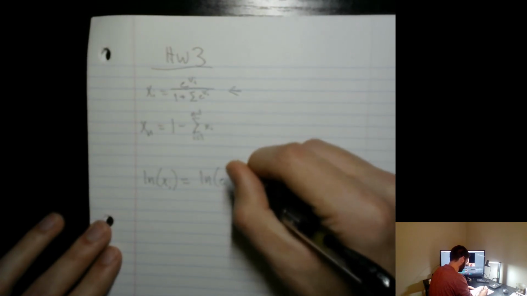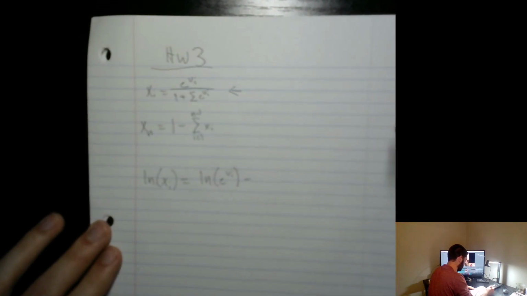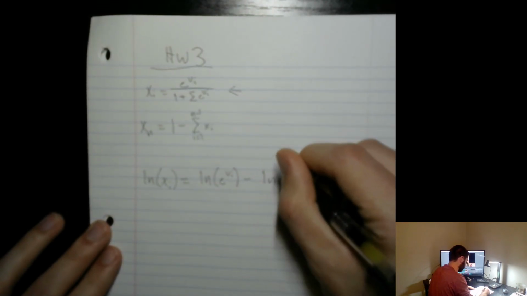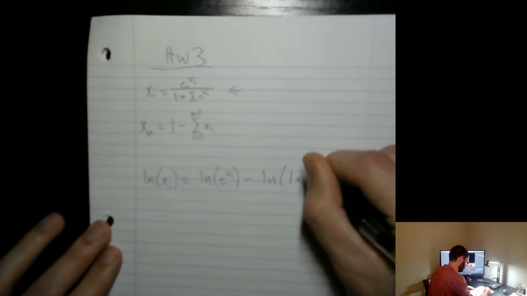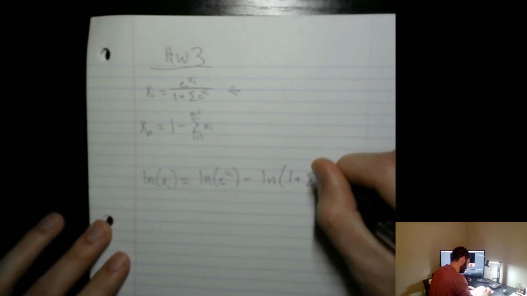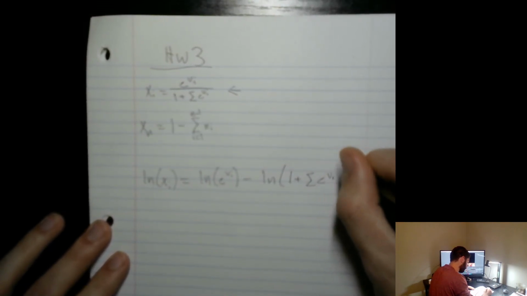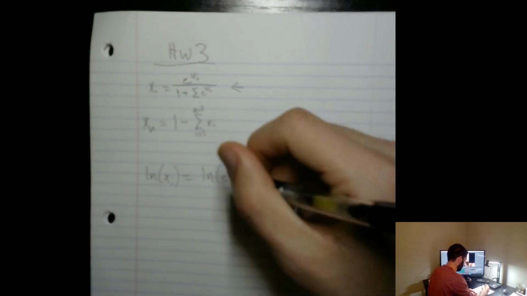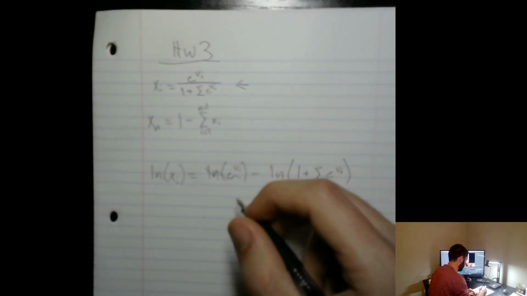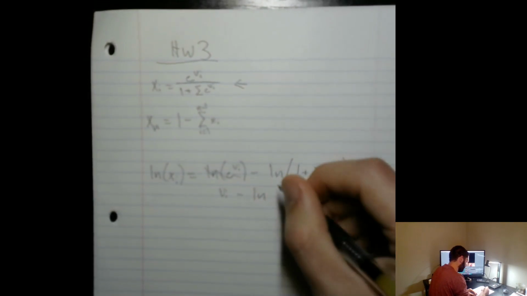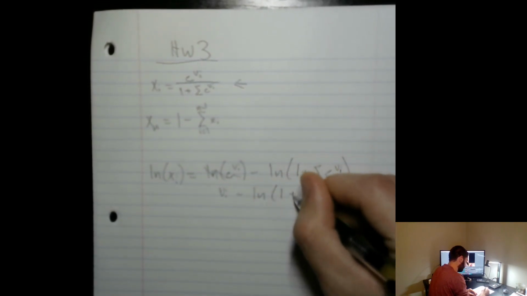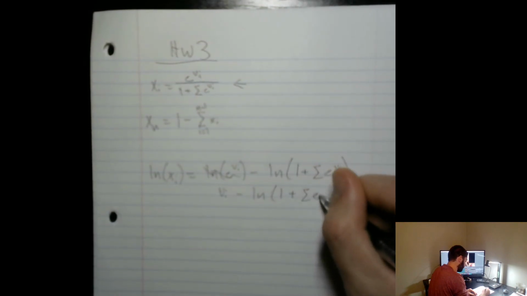So we have natural log of e to the vi minus natural log of 1 plus the summation of e to the vi. This cancels, so we're just left with vi minus natural log of 1 plus summation e to the vi.